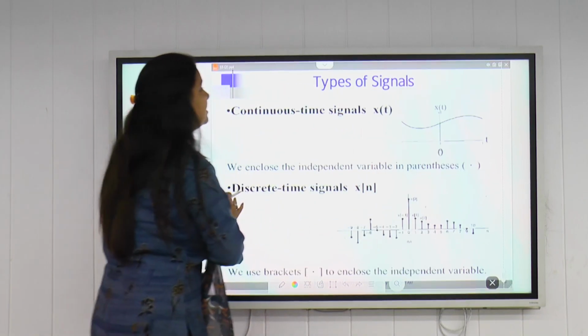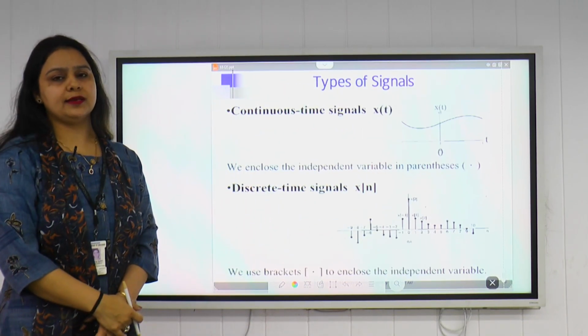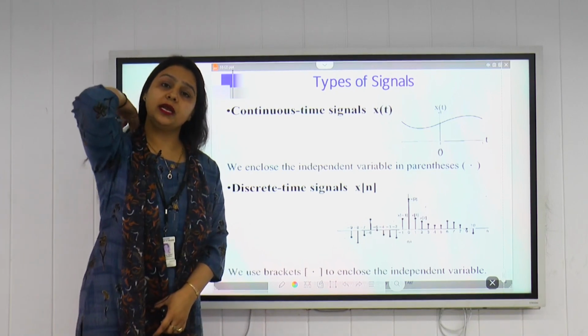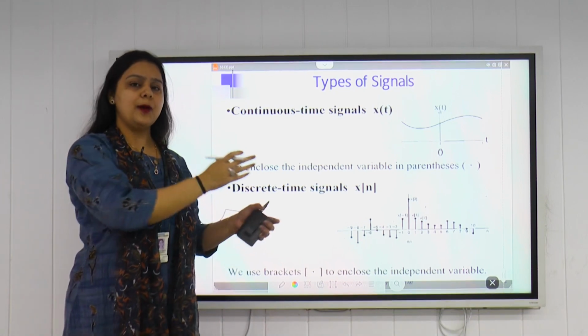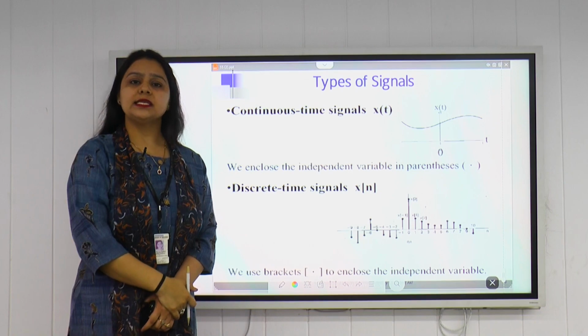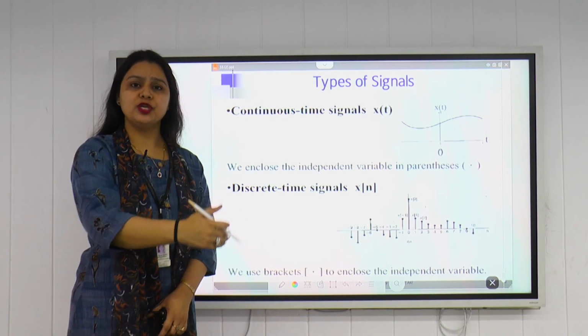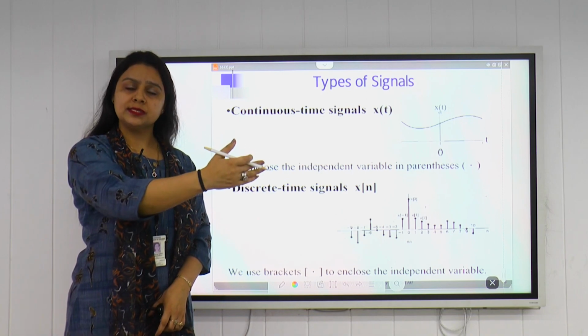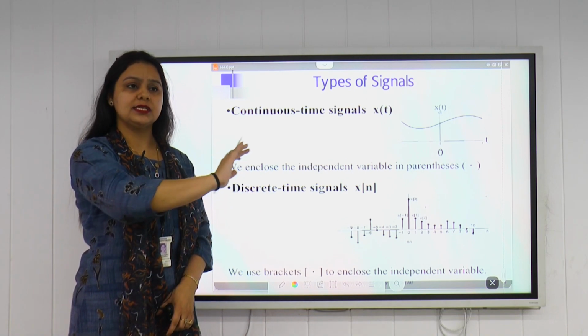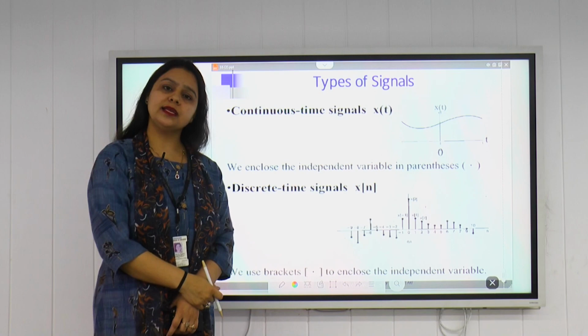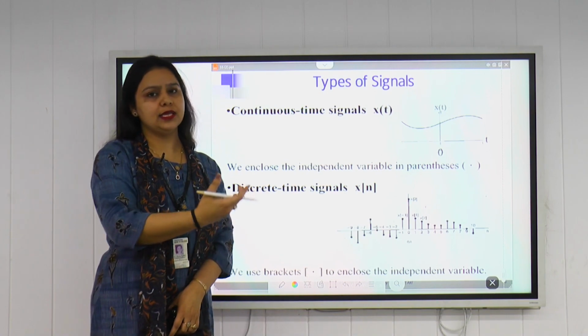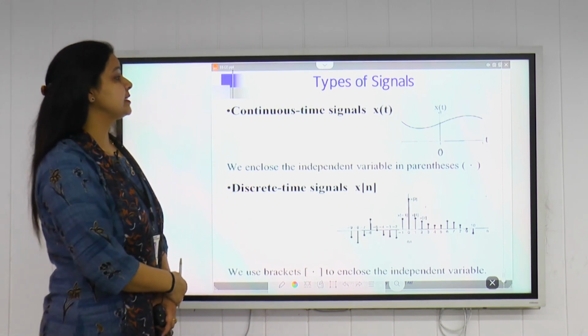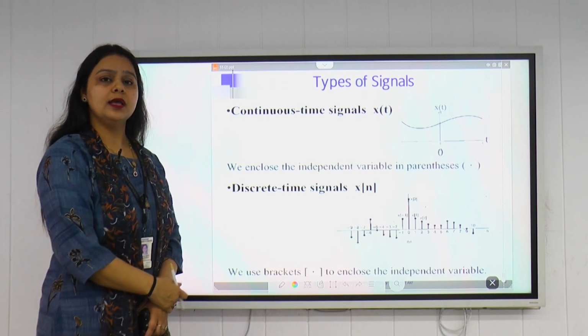Coming to the next slide, we have the types of signals. It's a very basic thing: what are the basic types of signals? Up to this point, we have studied signals, which carry the information, the system, which is a physical device, and then the communication system, which passes the input signal through a channel and gives an output. Now we will discuss the types of signals.